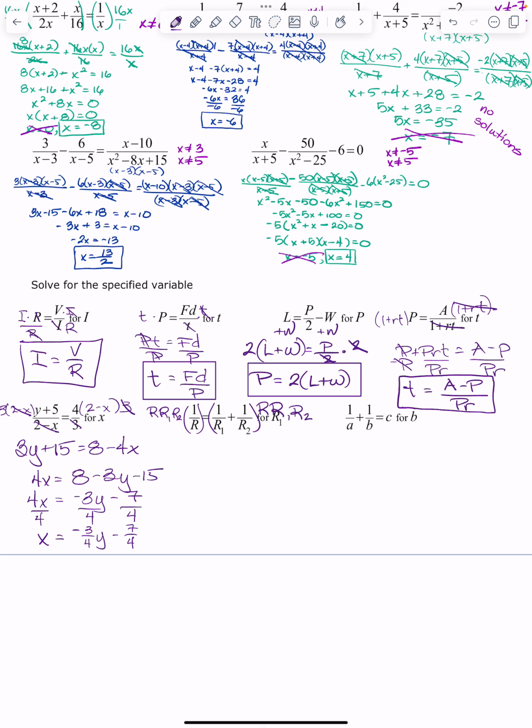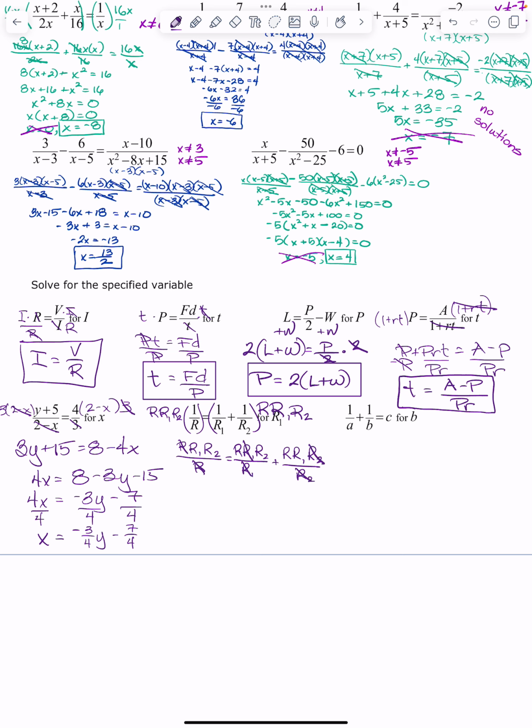And this one I'm going to go ahead and write out so you see what it looks like. r sub 1, r sub 2, all over r sub 1, and r sub 1, r sub 2, all over r sub 2. I'm going to cancel what I can.